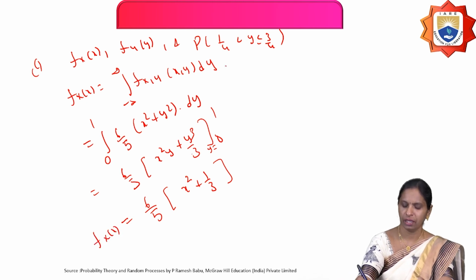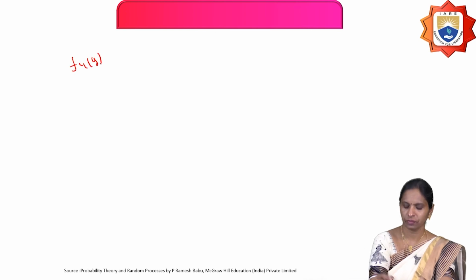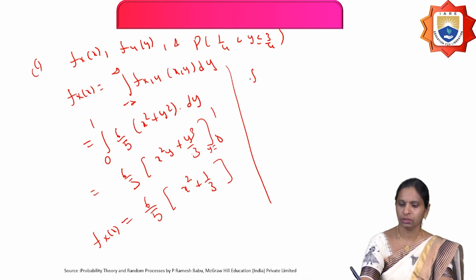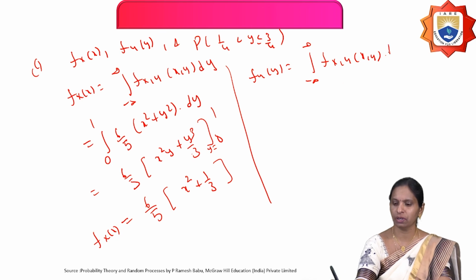fx of x. And similarly, what is fy of y equal to? You can write it down directly here also. fy of y is equal to integration from minus infinity to infinity of fxy of x comma y. If you want the marginal density function of y, you have to integrate the joint density function with respect to what? x.